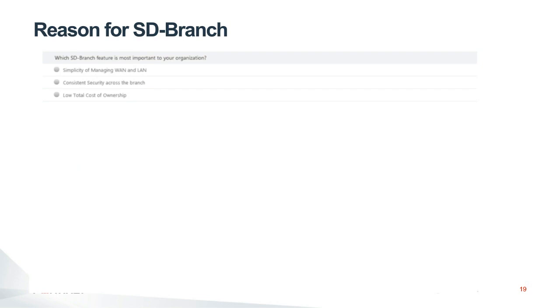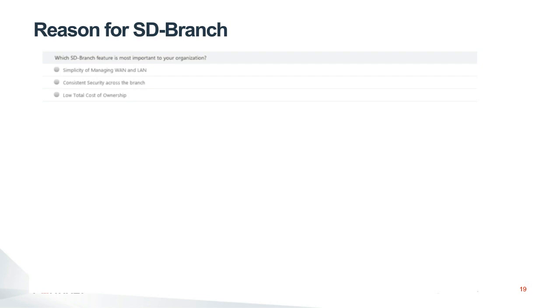One is simplicity of managing WAN and LAN. The other one is the consistent security across the branch, and of course, what CP had mentioned, lower total cost of ownership. But just make a quick guess, which is actually the top reason that people will want to use FORTINET for SD branch.